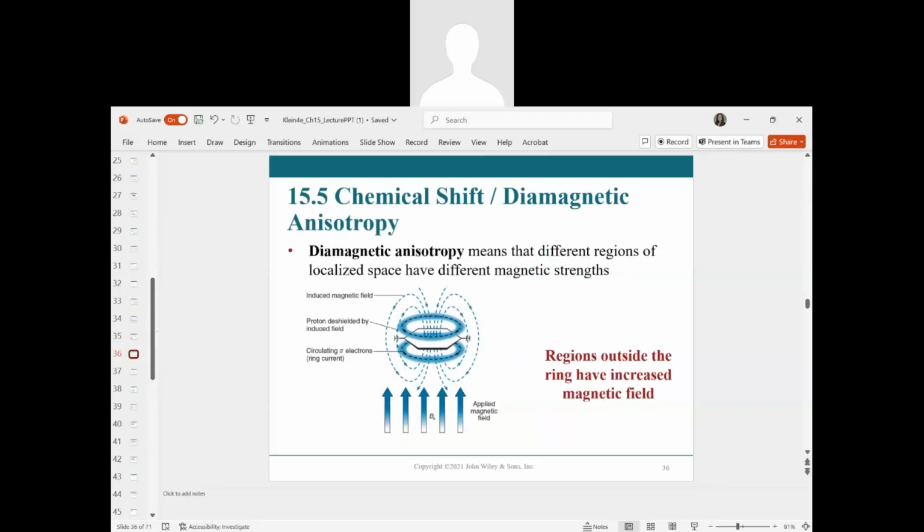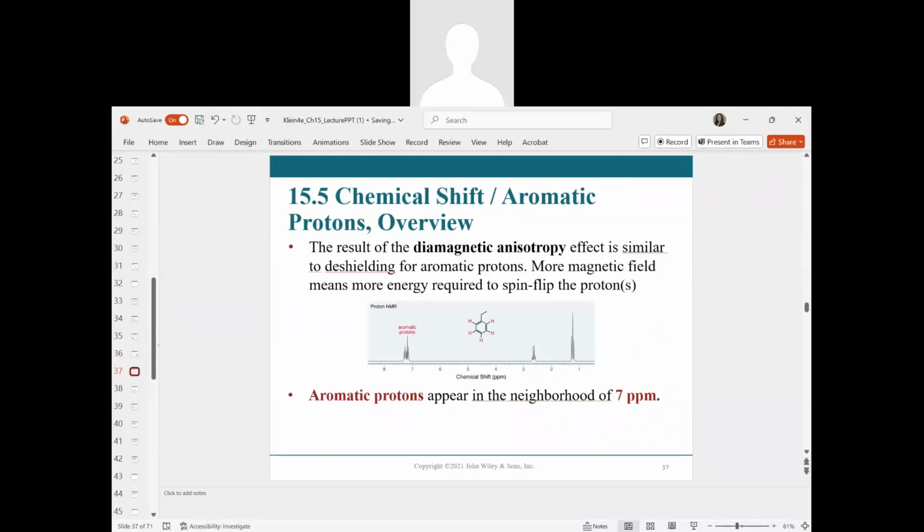And the result of this is that regions outside of this ring will have an increased magnetic field, and this can affect the signal that we see. So if aromatic protons experience this diamagnetic anisotropy, they can see an effect similar to deshielding.